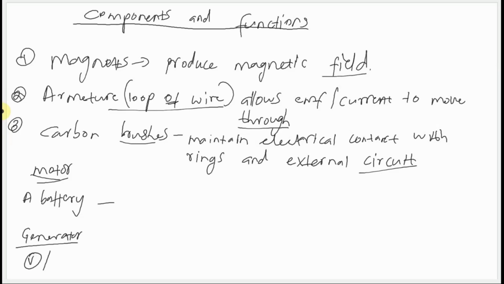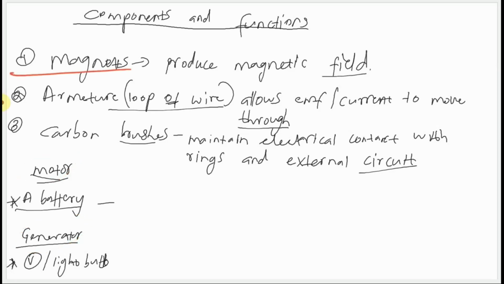You can have a light bulb, or anything like that. So those are just some components when we go further into differentiating between a motor and a generator. But the first three are available in both motor and generator.